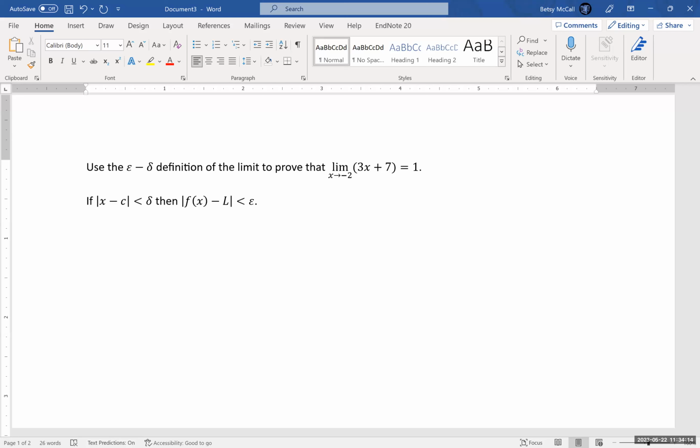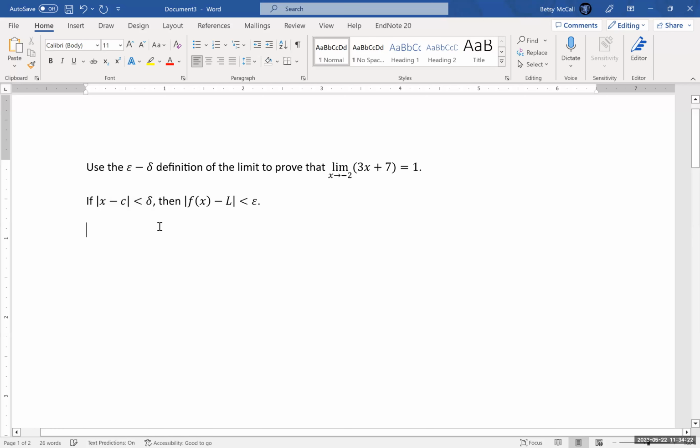That's the general structure. So the important thing to keep in mind here is that when we are dealing with an if-then statement of this sort, when we do the proof, we have to maintain this structure. We have to start with the absolute value of x minus c less than delta, and then we have to end with the absolute value of f of x minus L less than epsilon.